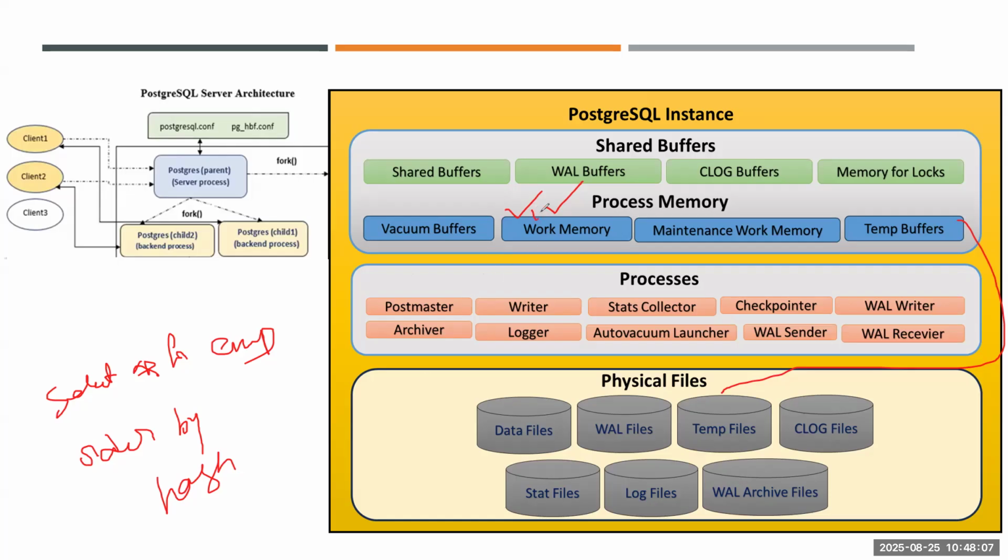Work_mem, in the sense that when you are using ordering, sort by, hashing, all that stuff, knowingly or unknowingly it is using work_mem in the background. Got it? Yes, sir.